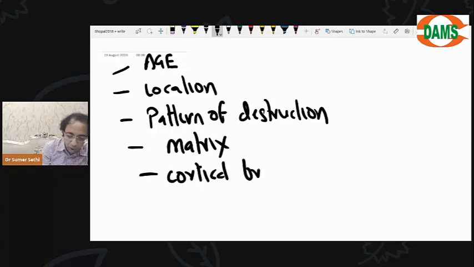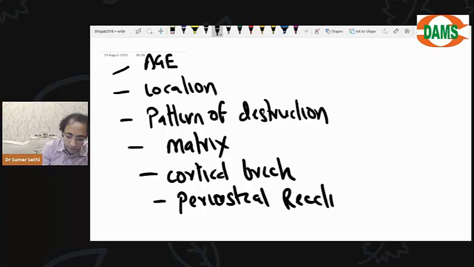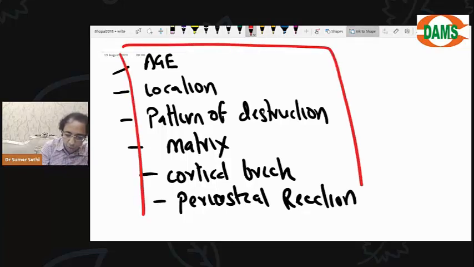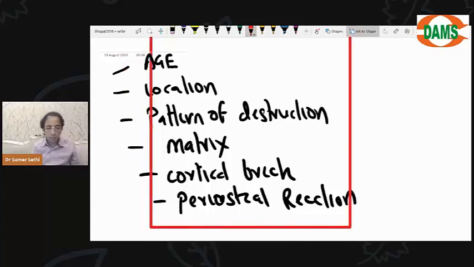Look for cortical break. And look for periosteal reaction. These are the basic principles of looking at an X-ray of a suspected bone tumor. Sunburst and sun rays, okay, beta.